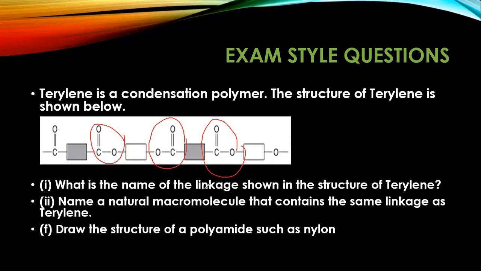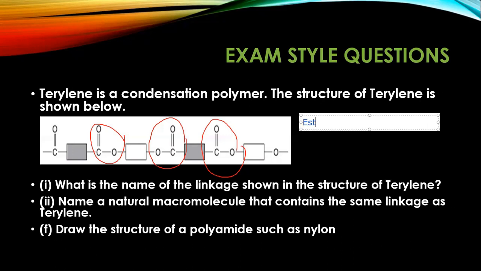What is the name of the linkage shown in the structure? Very simple. You can just write the ester linkage. Very simple. What we learned, we are using our knowledge and understanding now. We are applying our knowledge and understanding now to solve the past paper questions.